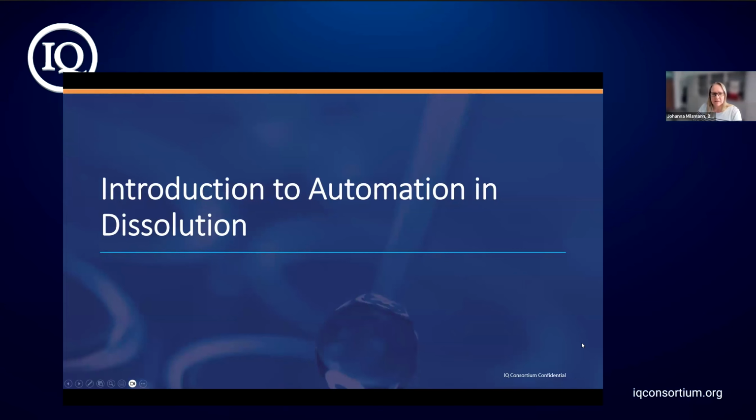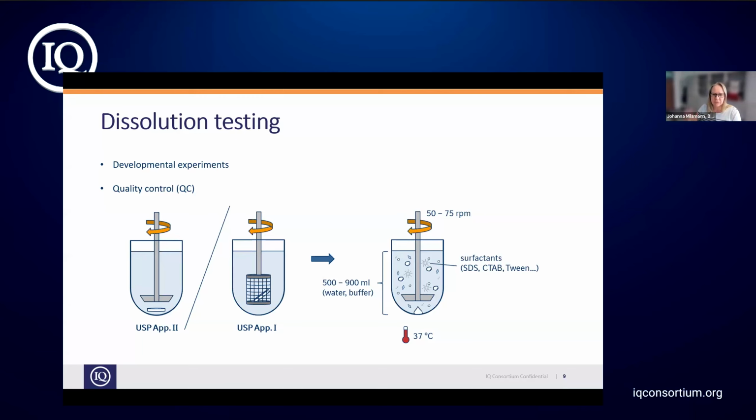In general, any kind of dissolution device can be automated, be it your USP 1 to USP 7 or whatever you have in your lab, or even your self-built small-scale biorelevant dissolution setups. But for the context of today's webinar and also our survey, we will focus mostly on USP apparatus 1 and 2, as those are the most frequently used systems during development and quality control for solid oral dosage forms.